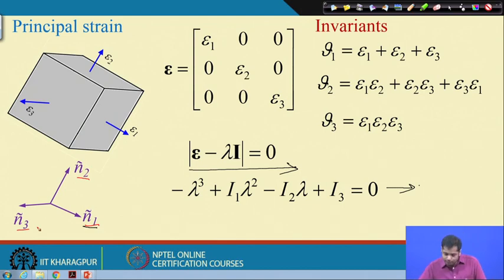Now, we have the stress tensor and the strain tensor, we know how to determine principal stresses, principal strains, and the principal directions. The question comes here, and we will not even try to answer it right now; you have to wait a couple of weeks to come to that point.